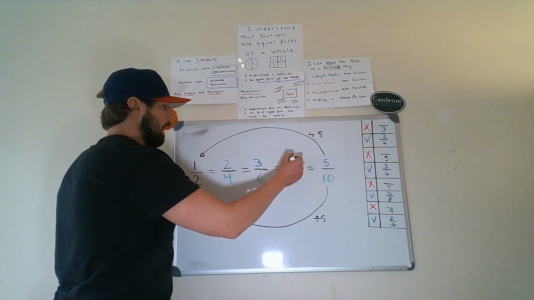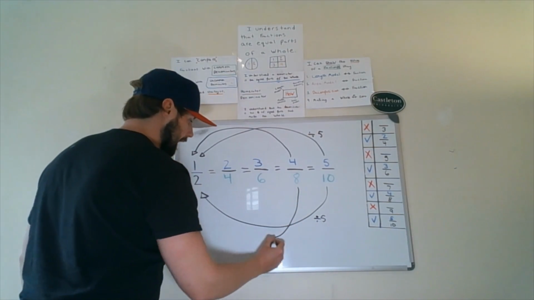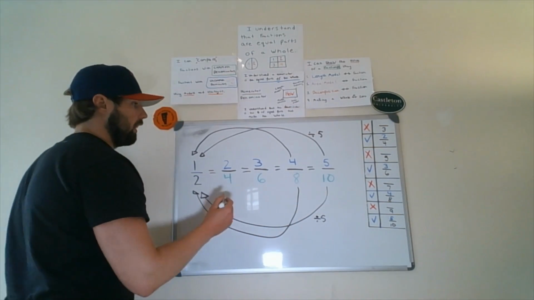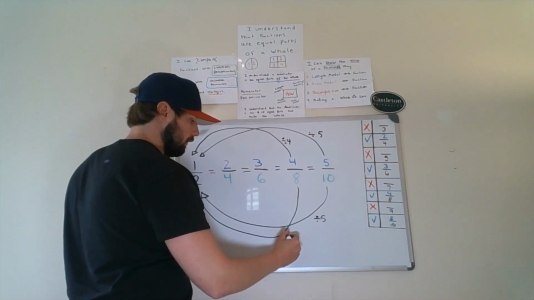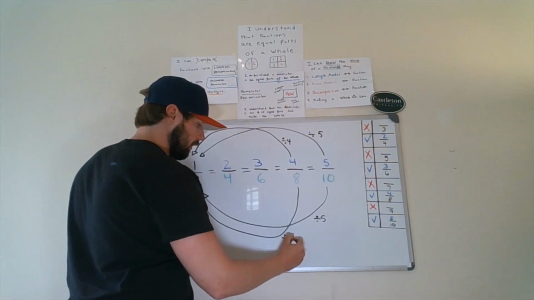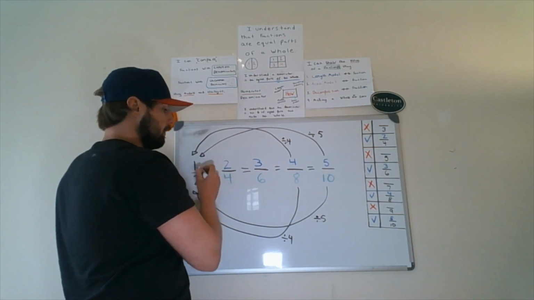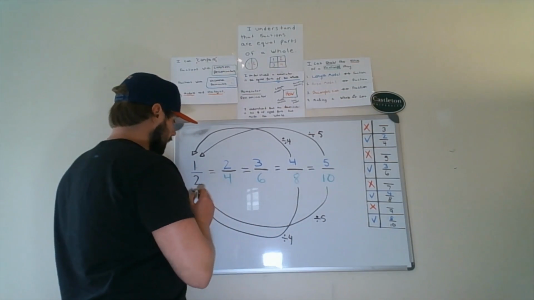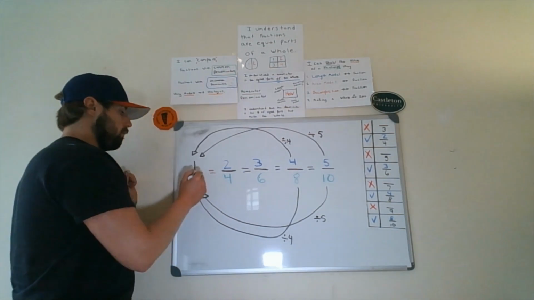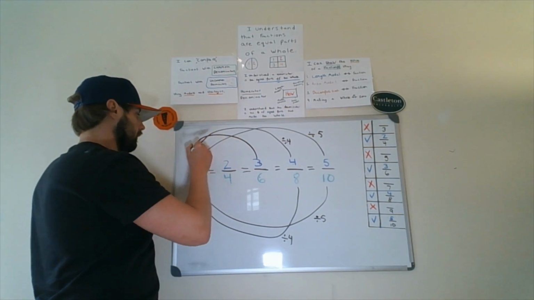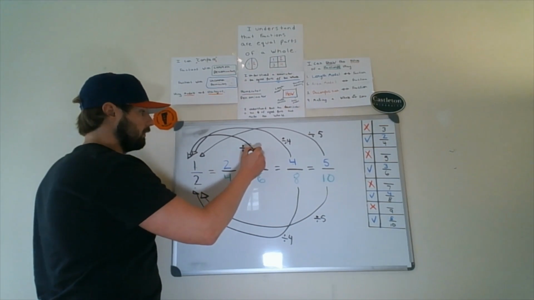When we found that 4/8 was equivalent to 1/2, we were actually dividing by 4. We were dividing those parts by 4. 4 divided by 4 is 1. 8 divided by 4 is 2. When we found 3/6 is equivalent to 1/2, we were actually dividing by the number of parts.